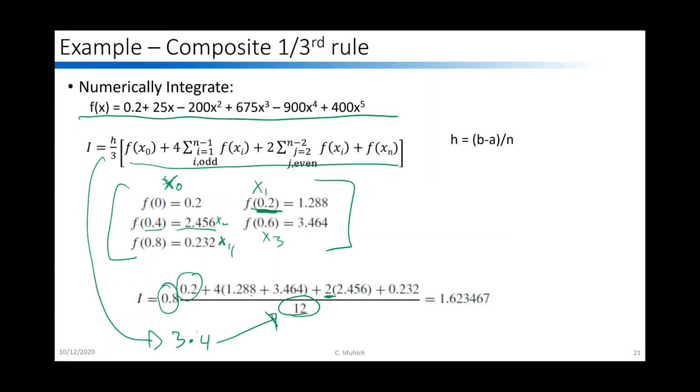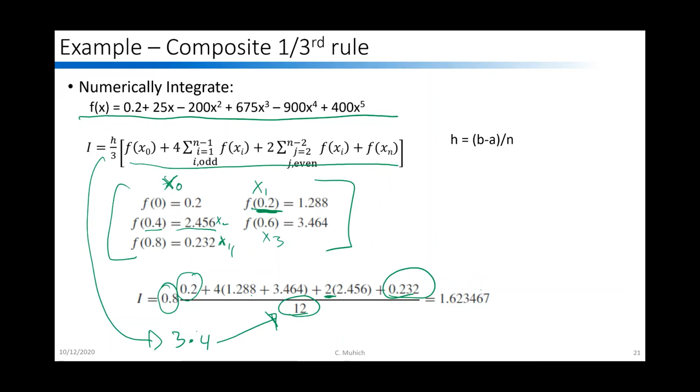The next even data point would be my f of xn, so I don't have any more in there. But I do put that x equals 0.8 out at the end. I can then do all of the arithmetic, and I'll find that my I equals 1.623467.